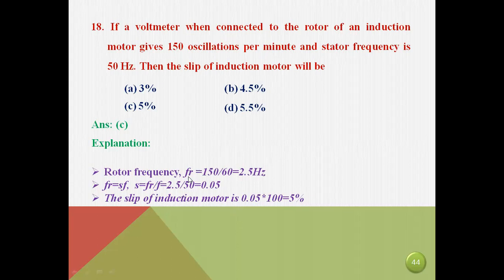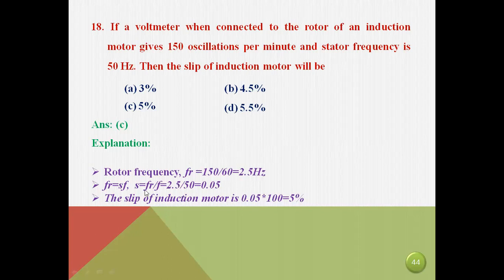So what is frequency? Reciprocal of time. They have given the time, so you can take 1 minute as 60 seconds, because we are calculating the frequency and we need the time in seconds. So 150 oscillations per minute, 150 upon 60, gives 2.5 hertz.